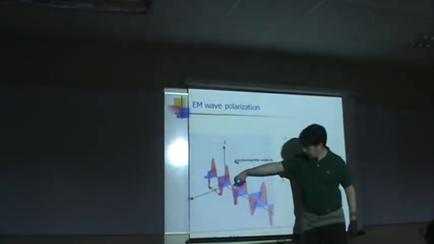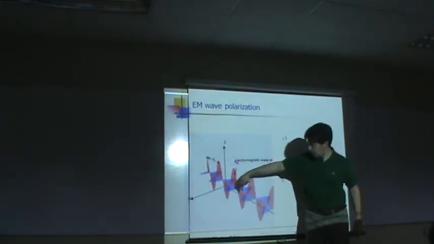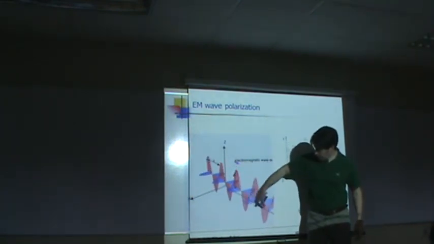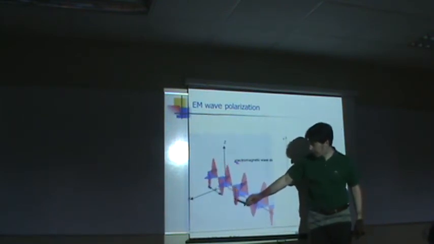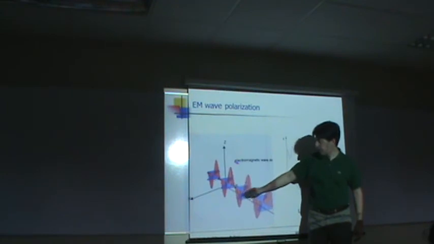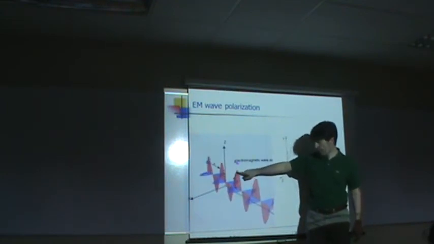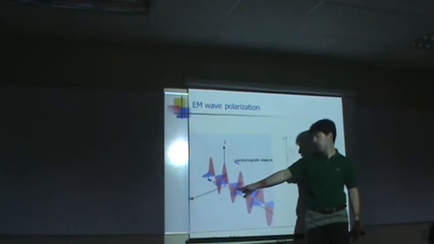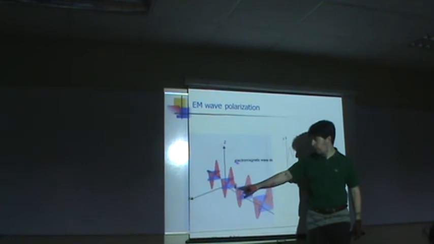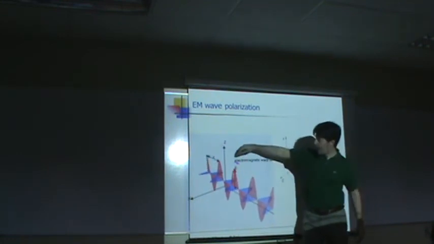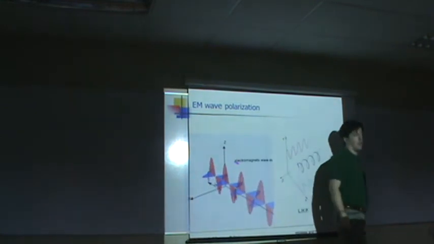The energy is going in this direction, in this case the y direction. And you can see those are the vectors at a given point in time. The electric field and the magnetic field are perfectly in sync. That is, when one is 0, the other one is 0. When one is maximum, the other one is maximum. And the distance between the two maxima is what we call the wavelength.